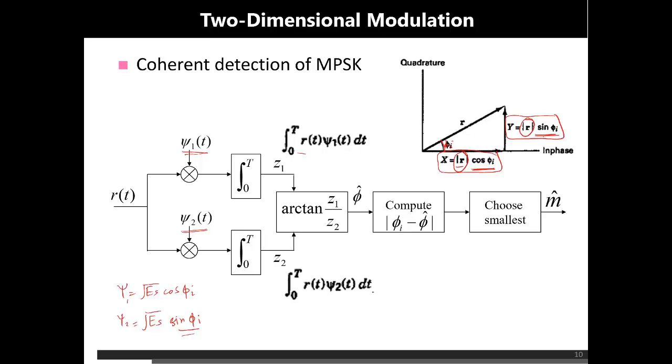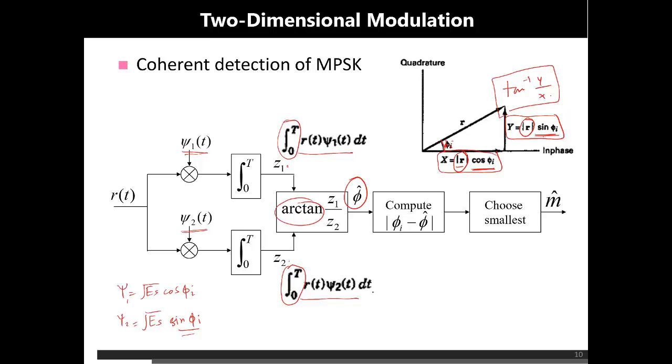Because you see, here we are getting this thing, here we are getting this thing. So at the sampling period, after accumulating all the results over the sampling period, we will compute simply tangent inverse of these two branches. So in this triangle, we are taking tangent inverse of y over x, vertical component divided by horizontal component, to generate the estimate of the phase. So at the output of this arctan or tangent inverse, we will have the estimate of the phase.